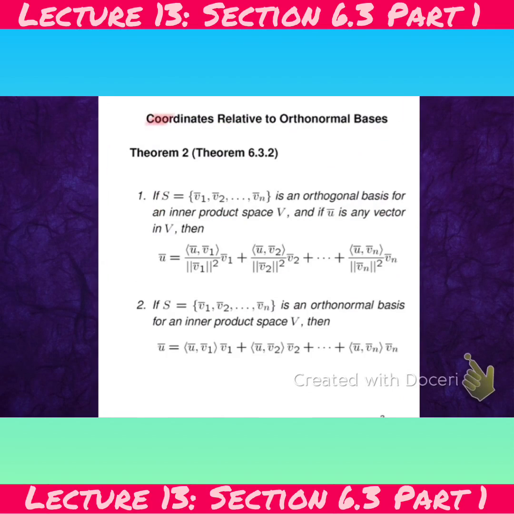Right, next up we've got coordinates relative to the orthonormal basis. So in Theorem 6.3.2, if S is an orthogonal basis for an inner product space V, and u is just any vector in V, then we can express u as that linear combination there, where we can actually determine those coefficients as the given values there, defined in terms of the norm and the inner product.